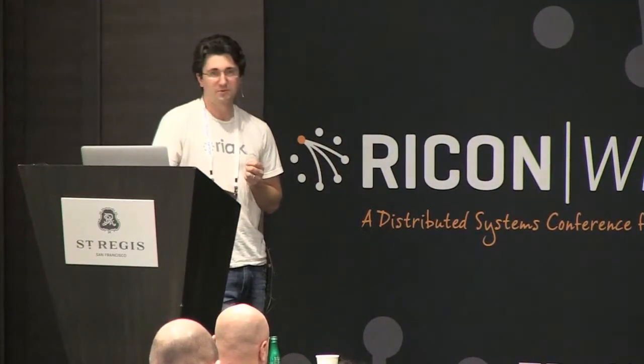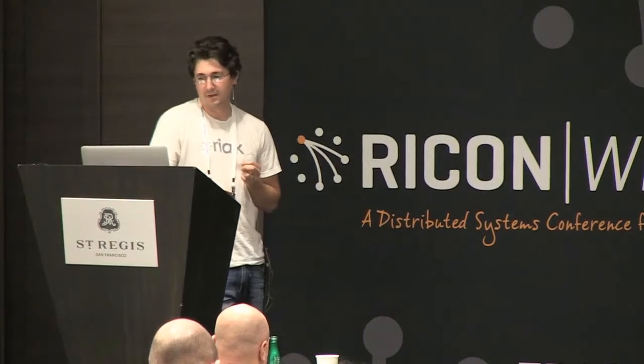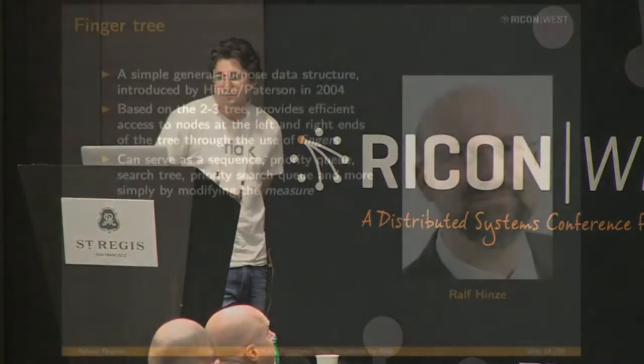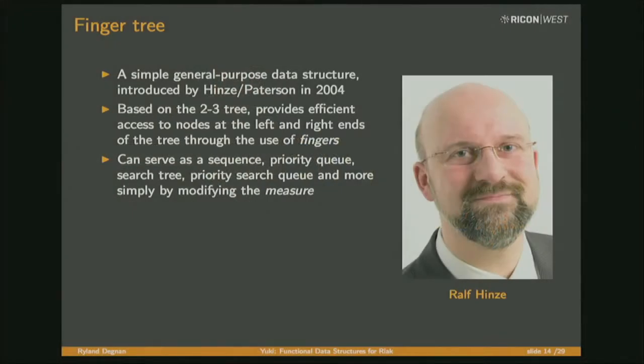So there's one further refinement of this data structure, which is a relatively recent invention, which is finger trees. This is based on the 2-3 tree, but provides efficient access to the nodes at the left and right ends of the tree. It was invented by Ralf Hinze, who happened to be my supervisor, really smart guy.